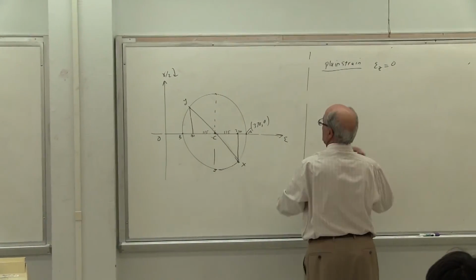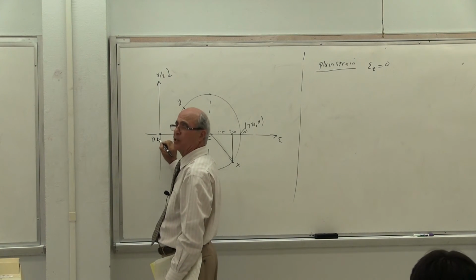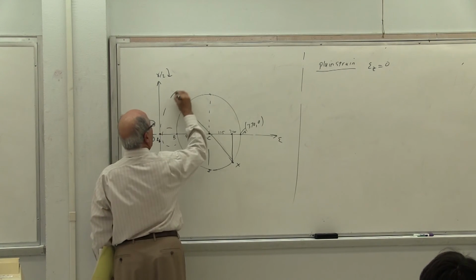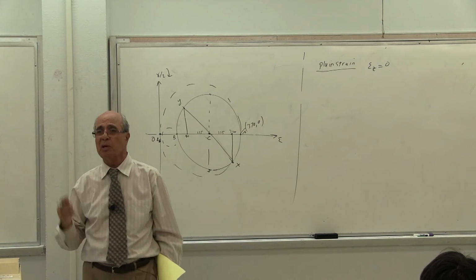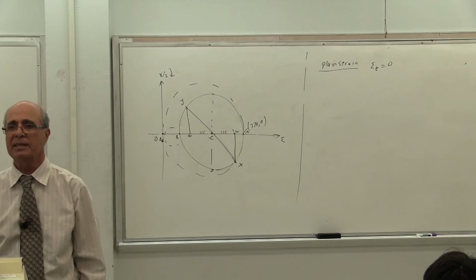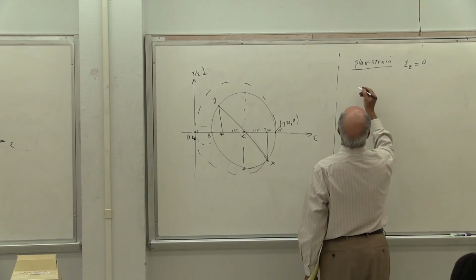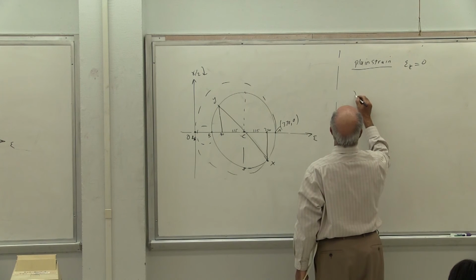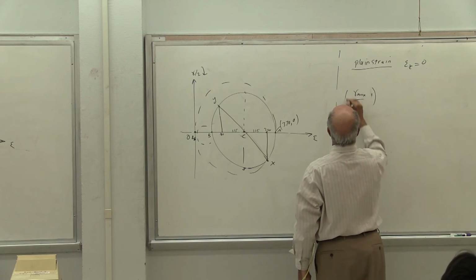If epsilon z equal to 0, then this would be epsilon z. Is that correct or not? Then the other two circles, one will be here, so I'm going to put it there. And one will be there. Is that correct or not? As you were expecting, but this is the plane strain scenario, correct? So in this plane strain scenario, where epsilon z is 0, then we get this larger circle, so gamma max over 2 will be in which plane?